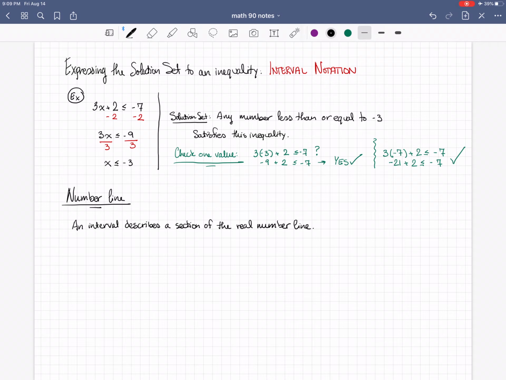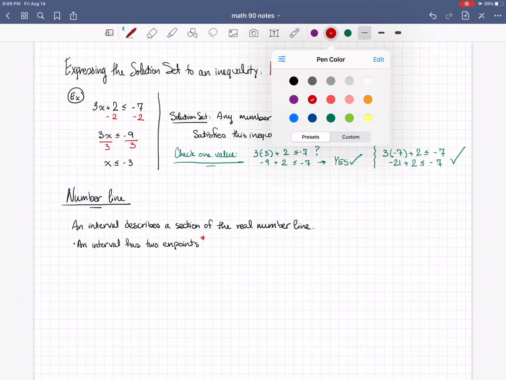So what are the mechanics of an interval? An interval has 2 endpoints. And as soon as I write this, I'm going to put a little red asterisk on top of it because it's not always strictly true what I just said. So I'll come back to that.